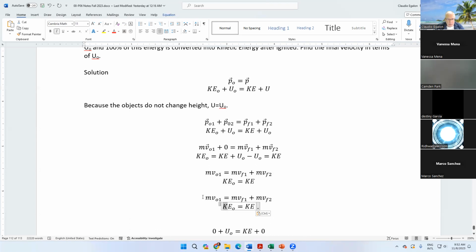This one more step is going to be initial kinetic energy. I don't want this M in that position. Okay, now we have it. Like that.